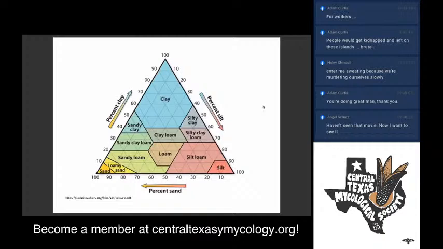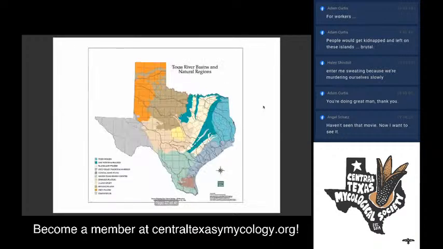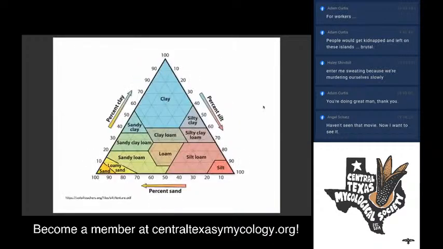But anywhere, look around for what kind of tests people do. Yes, A&M does have a soil testing program, but look around for what kind of tests people do, because some people are starting to do more of the biological tests, which we're going to be getting more into later about why that's important.